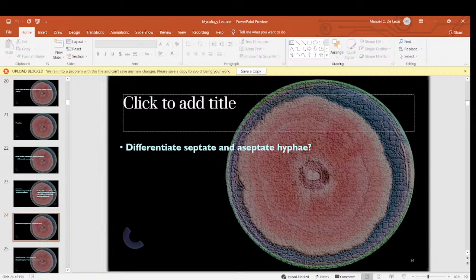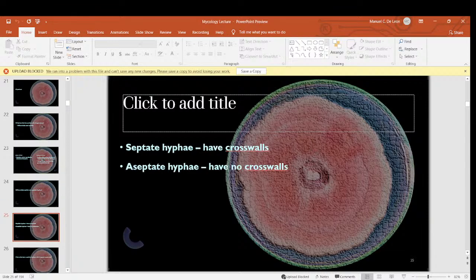All right, now let's try to differentiate septate and aseptate hyphae. Basically, a septate hyphae has cross walls, and an aseptate hyphae is the one that has no cross walls. When you add the prefix a, automatically you will have absence of something.